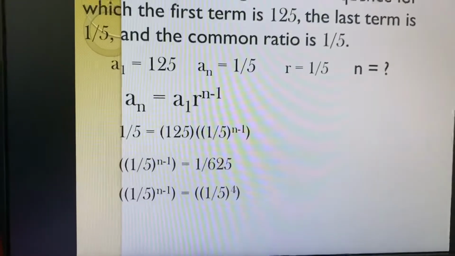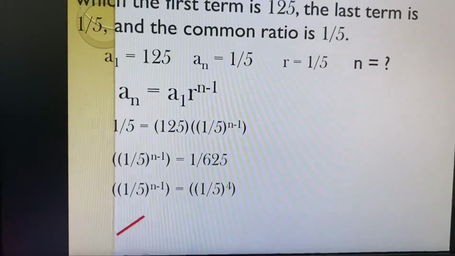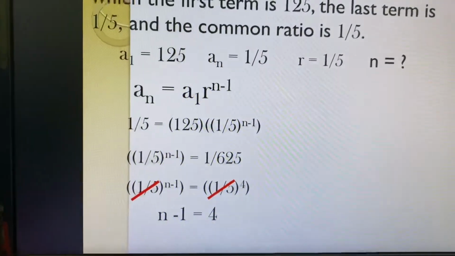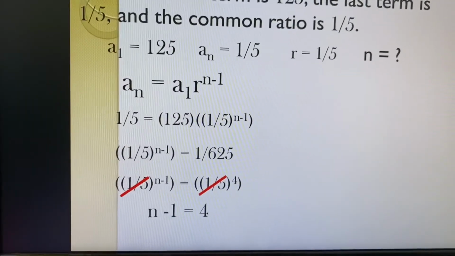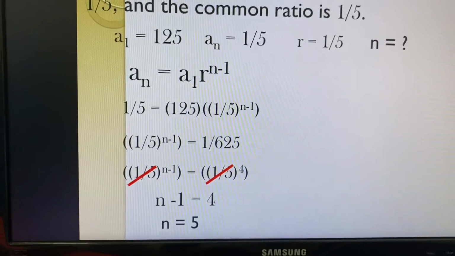Since they have the same base, we will cancel them. So cancel 1 over 5, 1 over 5. It will become n minus 1 equals 4. Transpose negative 1, so the answer is n equals 5.